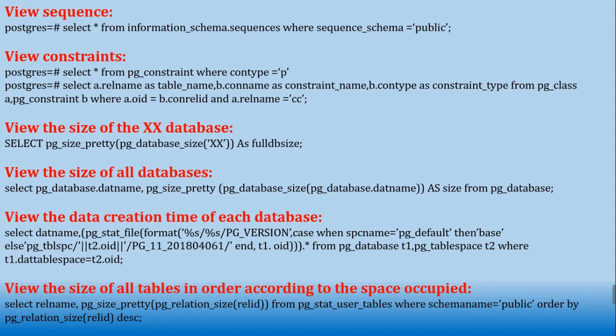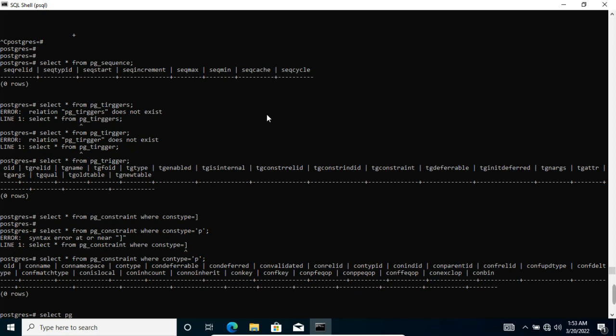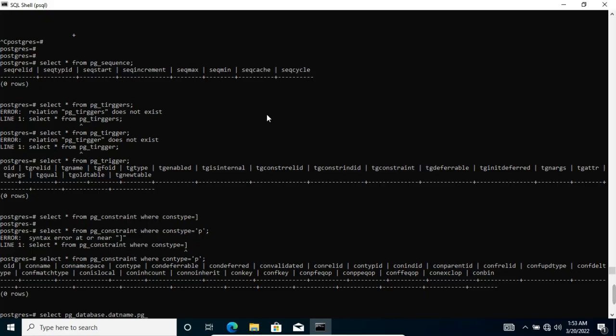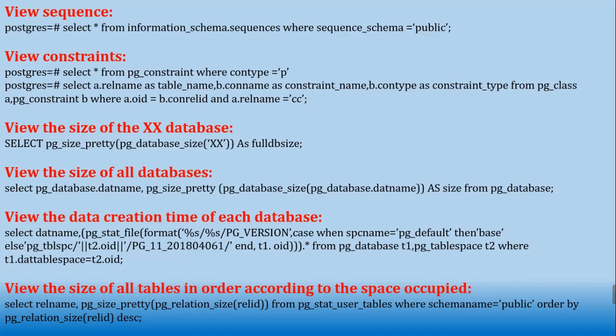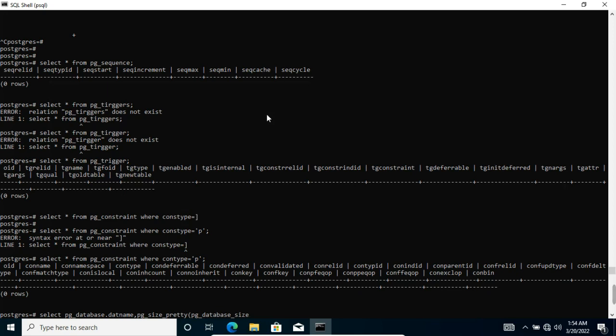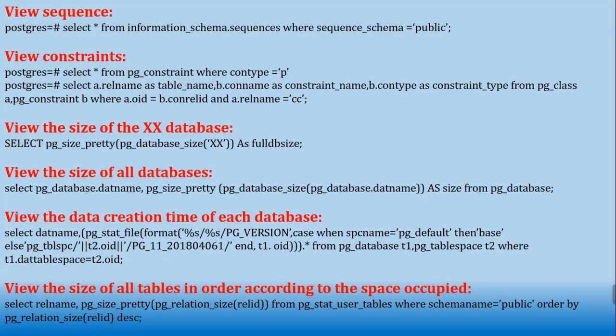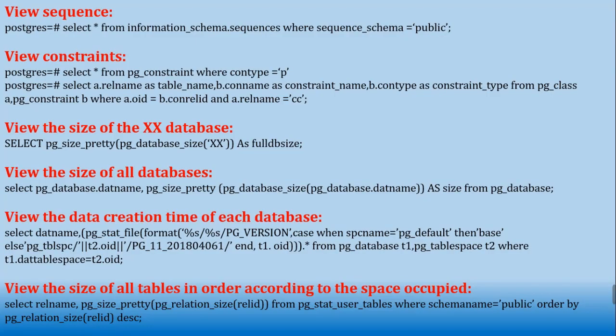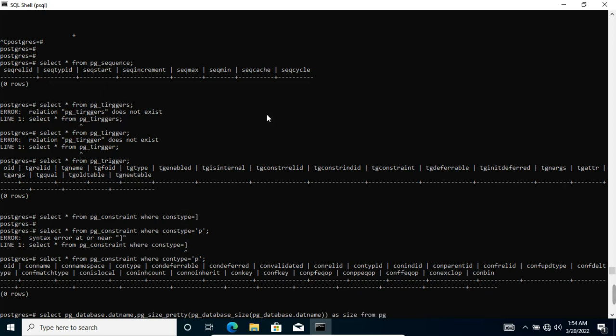We have to select this way: select pg_database.datname, pg_size_pretty(pg_database_size(pg_database.datname)) as size from pg_database. So this is the database size. We can find it with this query.